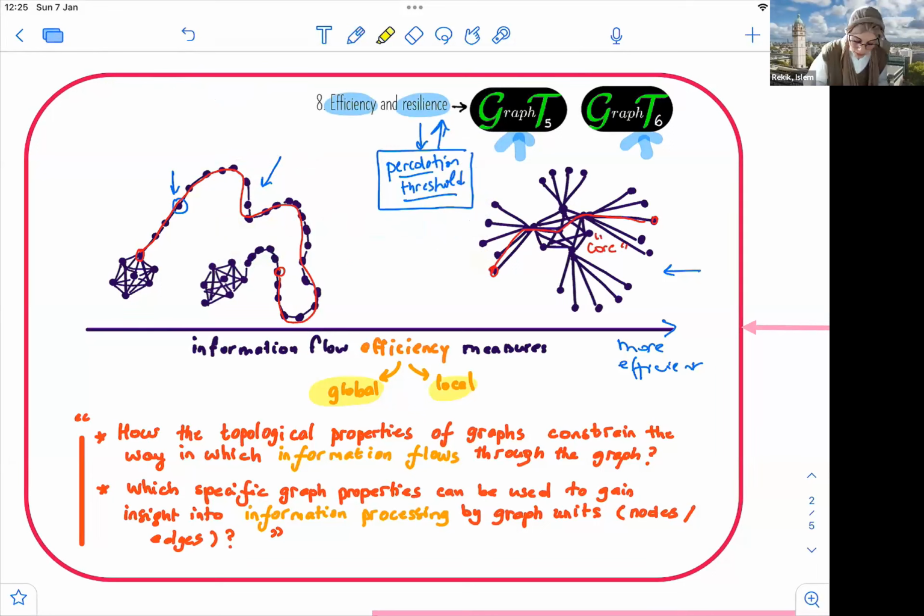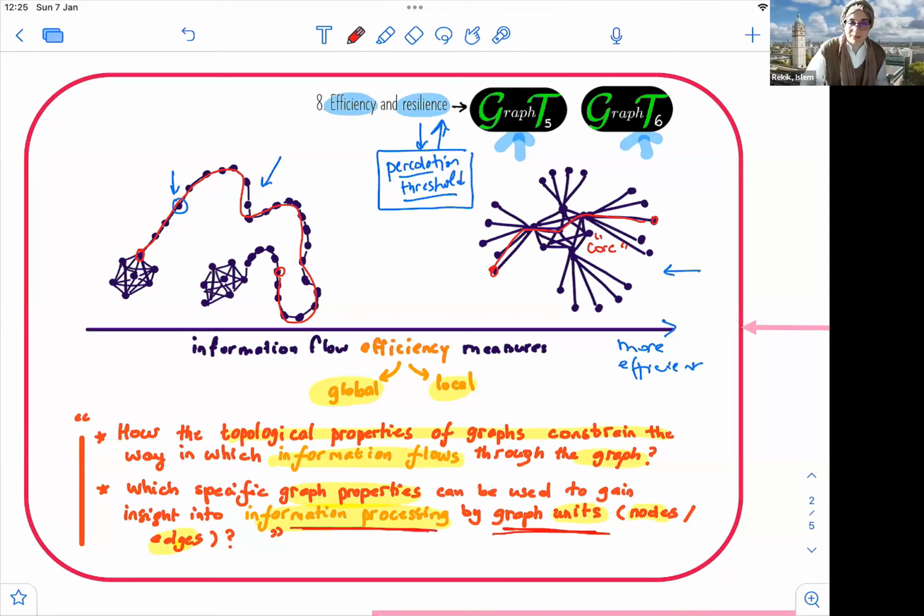So efficiency basically looks at how the topological properties of graphs constrain the way in which information flows through a graph. Also, which specific graph properties can be used to gain insight into information processing by graph units, which are the nodes and edges. So which kind of graph properties can we define or derive from this adjacency matrix to quantify or measure the information processing power and potential of this graph.